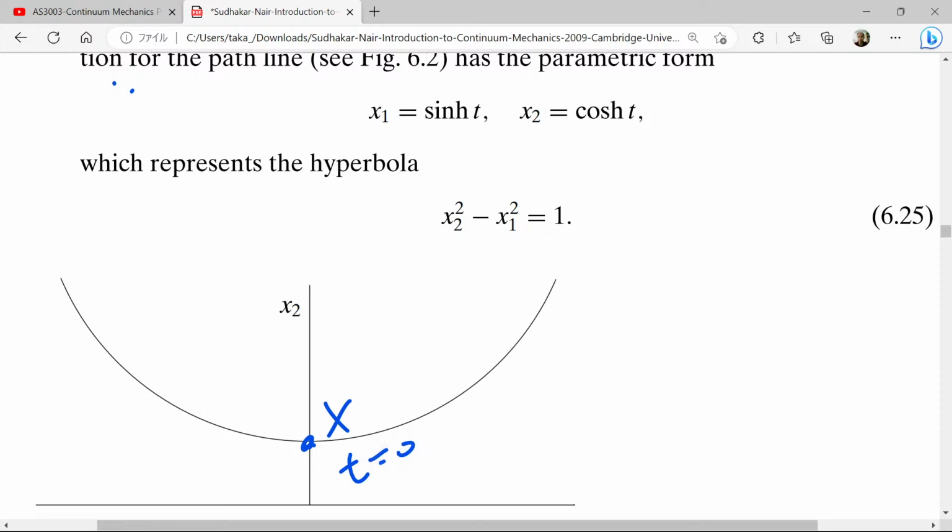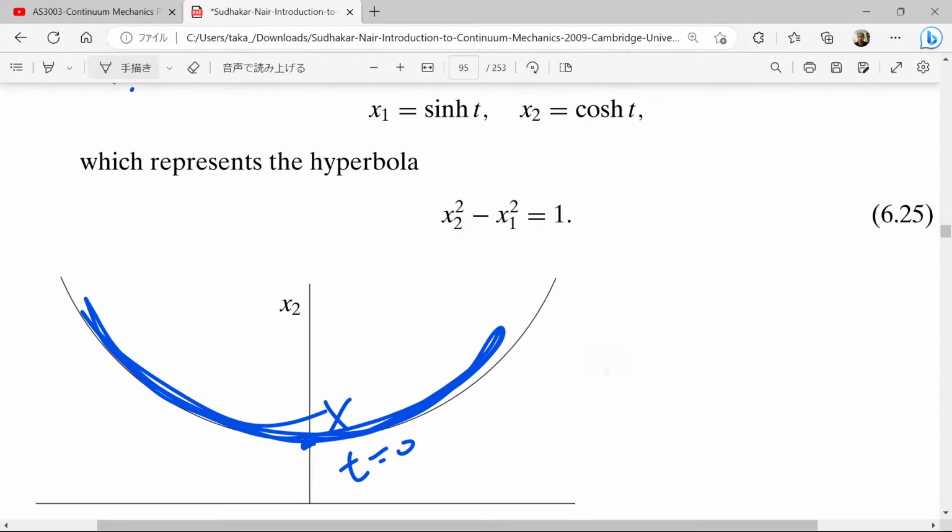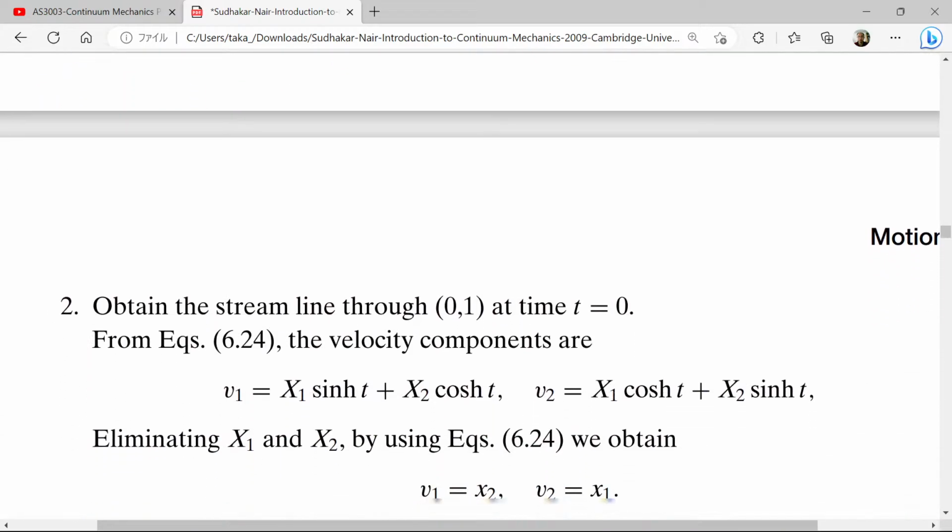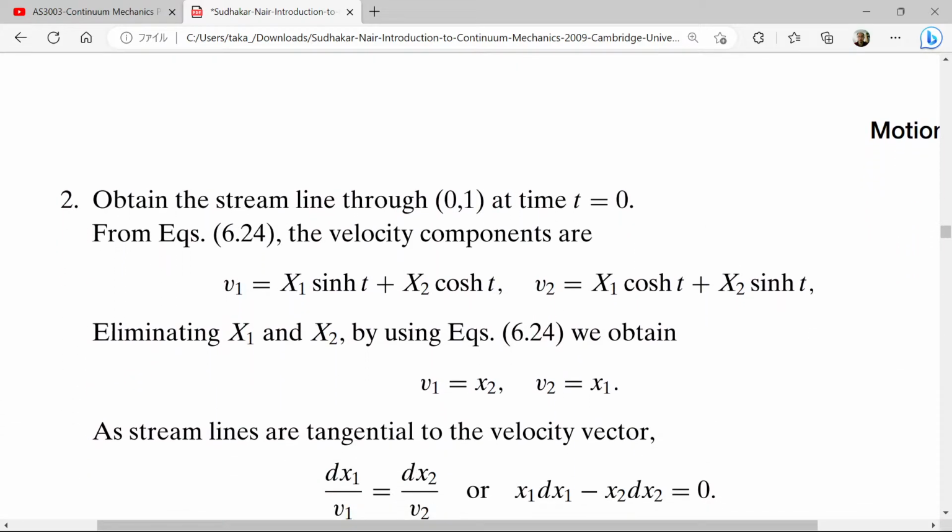So this particle moves like this for positive t and negative t. So this is the path line. Obtain the streamlines through (0, 1) at t equals 0.